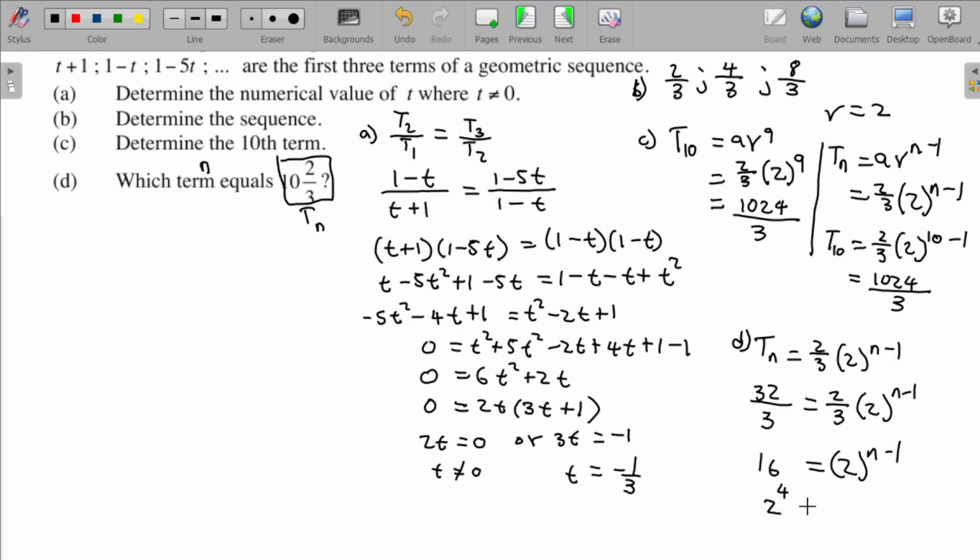Again, we're making the same base, and from there, the bases are the same, we drop the base, so it's going to be 4 equals n minus 1, and then from here we know that n is going to be equal to 5. Why 5? We take this to the other side, it becomes 4 plus 1, which is n equals 5. Then which term is equal to this? That term is term number 5.